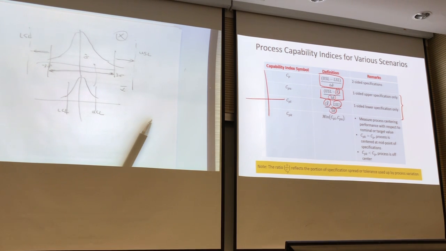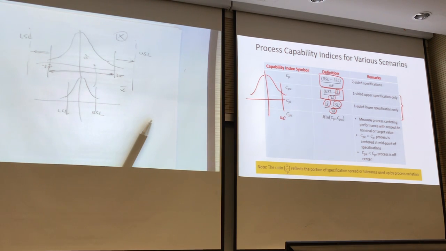So if you have this one here, this is your mean. Upper spec minus this guy here is a positive value. Divide by this one, the 3 best estimator, so it's a positive value.